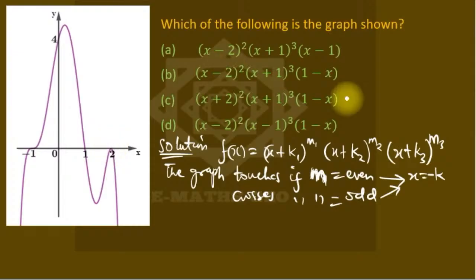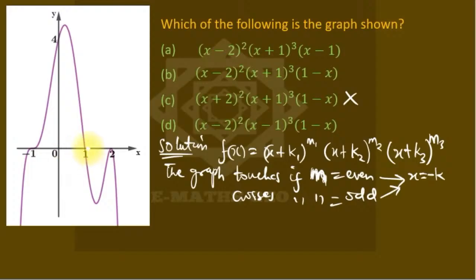This one is off, because here it's x plus 2, but it should be minus 2. If you compare with x plus k1, and equate it, x equals minus k, the negative of the constant here. So it should be minus 2 for it to be 2 here. So this one is off.